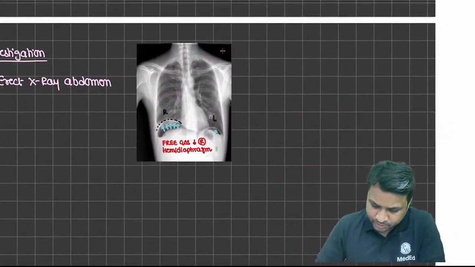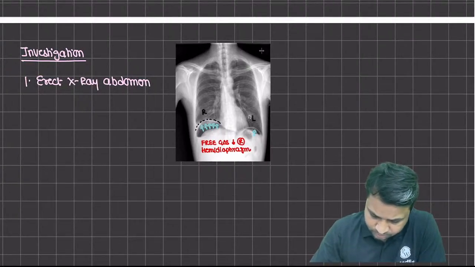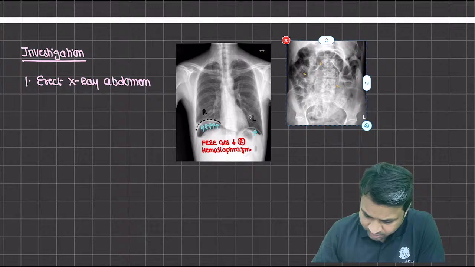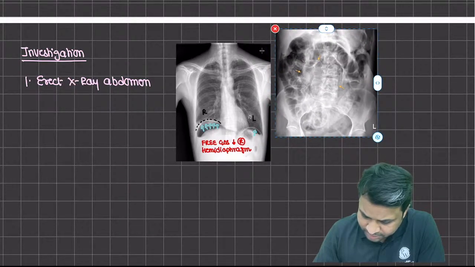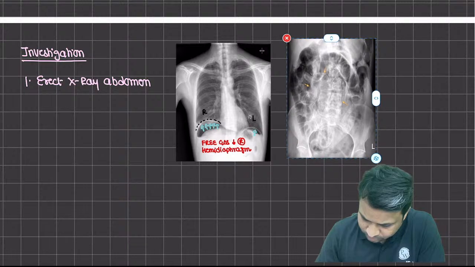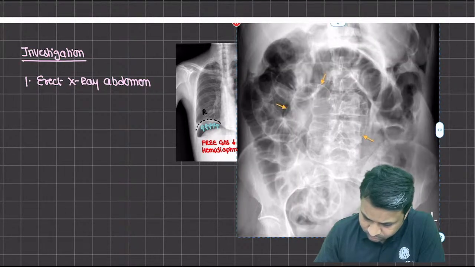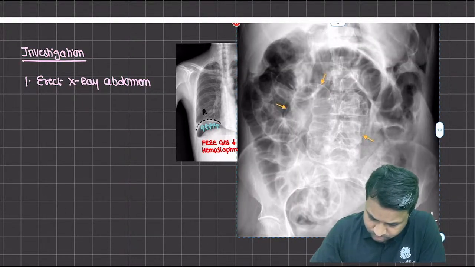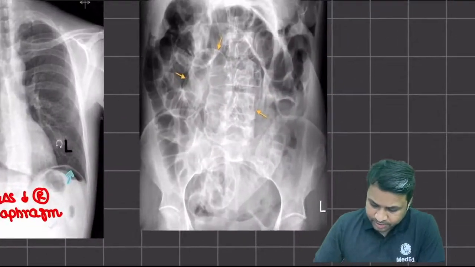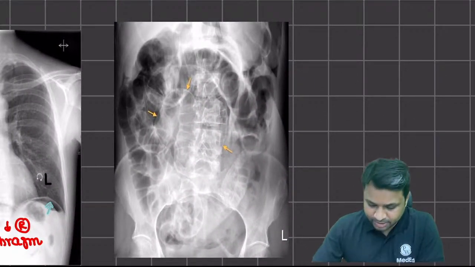Now another sign that you will see here is going to be the Rigler sign and the dome sign. Now what is this Rigler sign that you can see here?